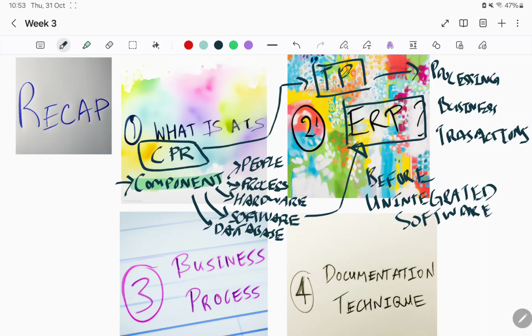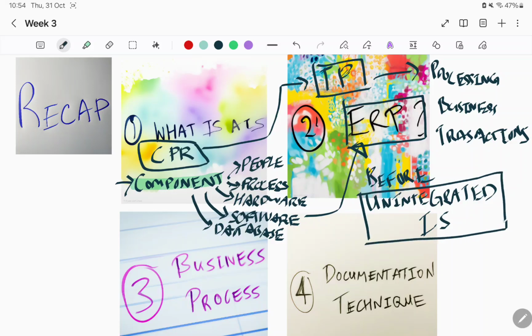Of course, we couldn't just say software, it's supposed to be information, an integrated information system. I put the IS here, an integrated information system. So it's still information system. We are still looking at the information system, but it's unintegrated. And ERP is basically an integrated information system.